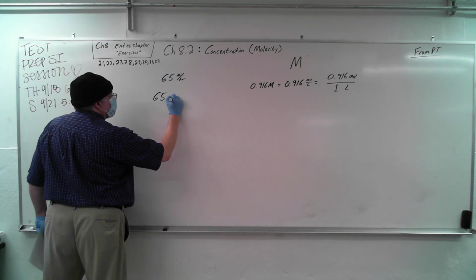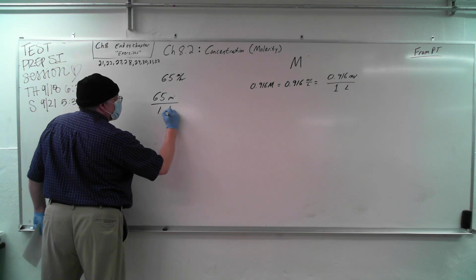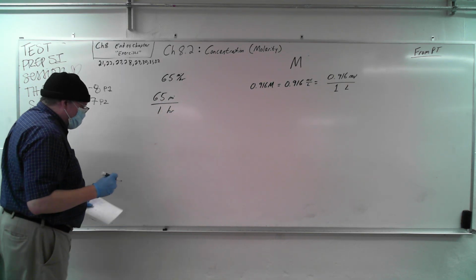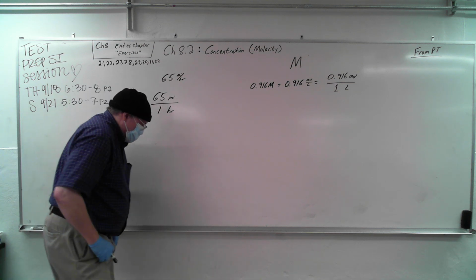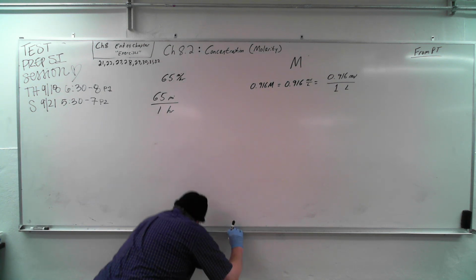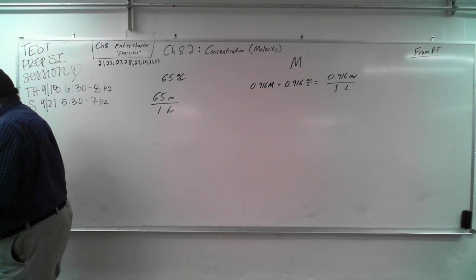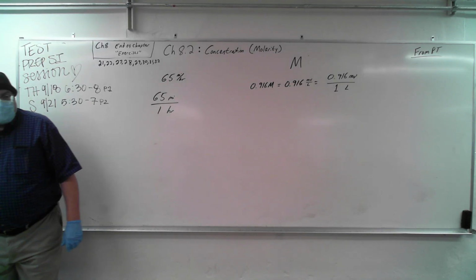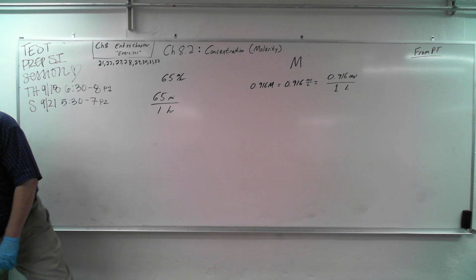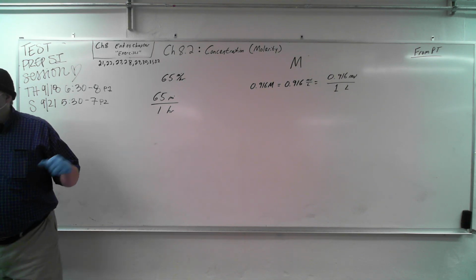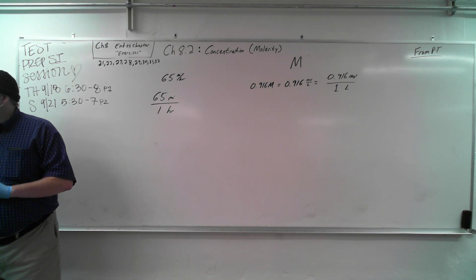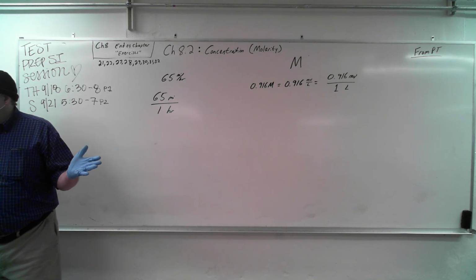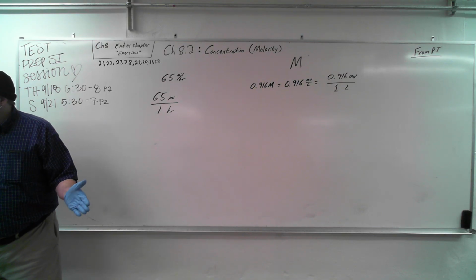If I told you I traveled 65 miles per hour to get here, you wouldn't think that what I'm telling you is I traveled 65 miles. I could have. It would have been a coincidence, and it would have taken exactly an hour.